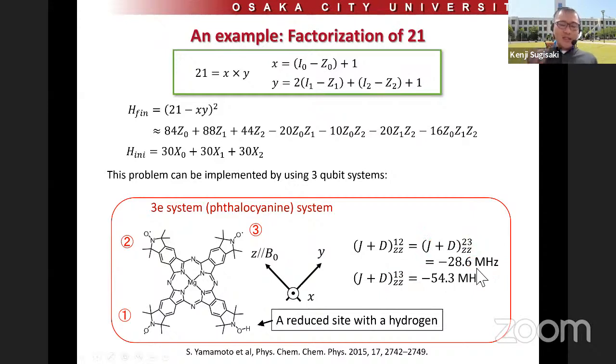And in this case, we use the molecular electron spins as qubits. So we can manipulate the electron spin by applying pulsed microwaves, or the pulsed EPR technique.